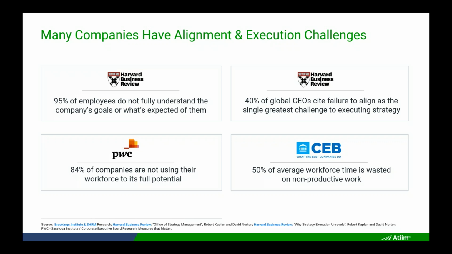You link strategy to execution through setting aligned objectives, aligning people's individual objectives at work to the company's strategic objectives or top corporate objectives, which in turn are teased out from your strategic priorities, which are created when you do strategic planning and design your long-term strategy, and your annual strategy, based on the 3 to 5 to 10 year strategy.